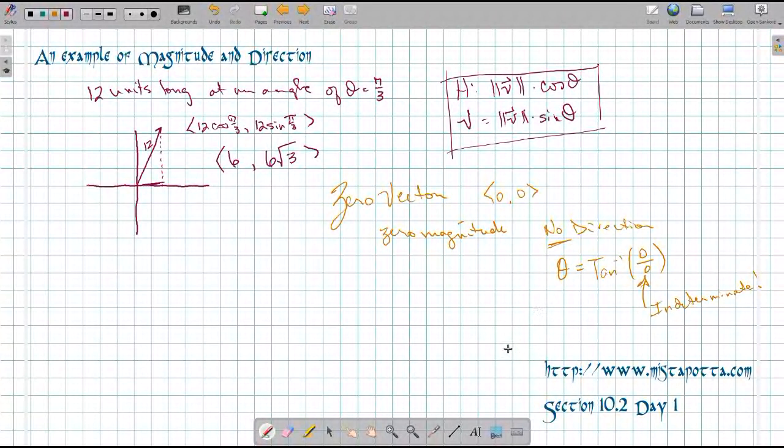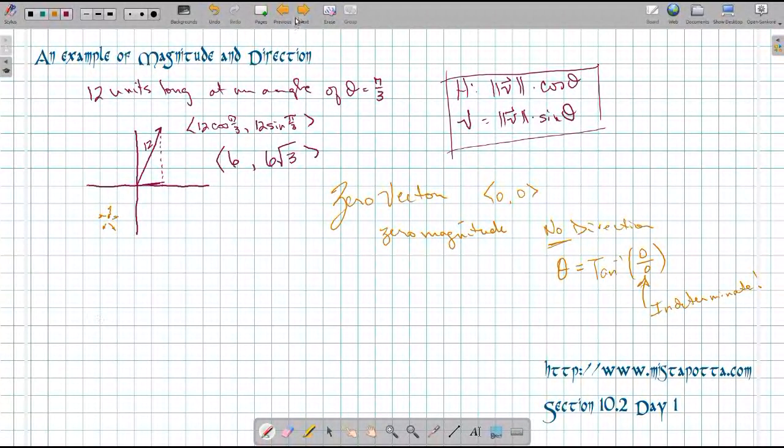And some books, to be fair, say it's not no direction, it's every direction, because I'm essentially talking about a point that really is going out in every direction an amount of zero. So the zero vector is something that we need to be aware of because we do come across it on occasion.